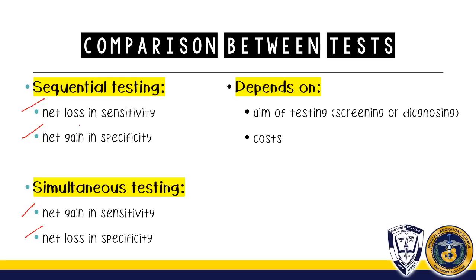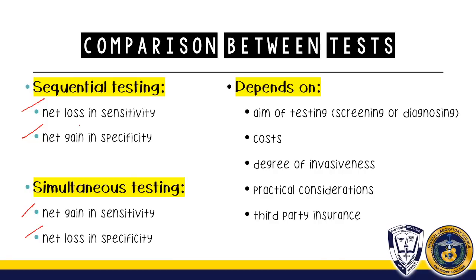Number one, can your patient afford it? In sequential testing you would expect the second test to be more expensive. It also depends on the degree of invasiveness, practical considerations, and last, third-party insurance, whether it can cover this, especially if your patient has insurance.